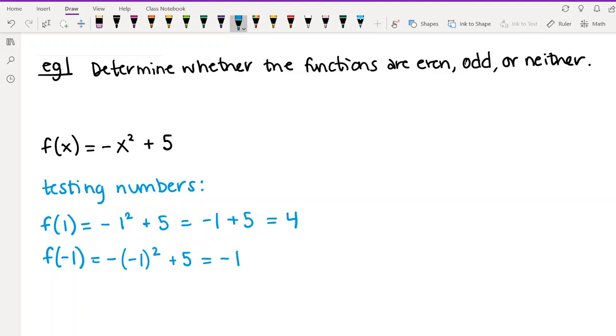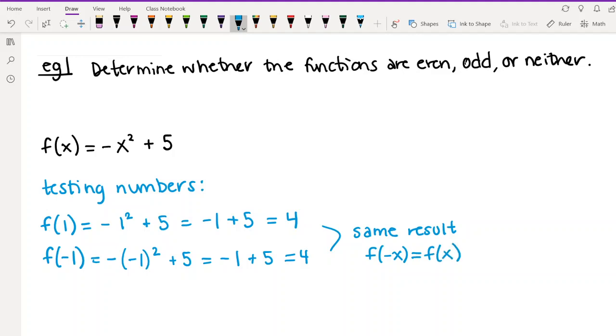Because the negative sign inside goes away when we square it, but then we still have a negative sign on the outside. And so we still get 4. So this is the same result. In other words, we just saw that f of -x is the same as f of x.